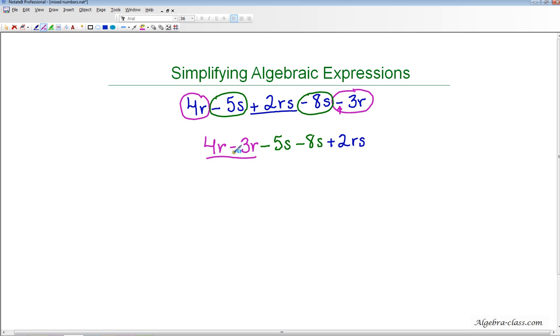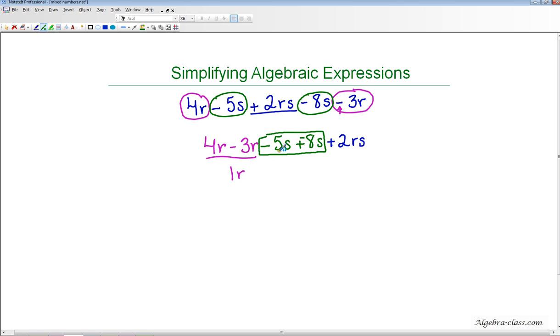So now that my like terms are written side by side, I can go ahead and combine them. So 4r minus 3r is 1r. And then this I have to think of because I have to take that sign in front. So I have to think of this as negative 5s minus 8s. And I could rewrite this as negative 5s plus negative 8s.